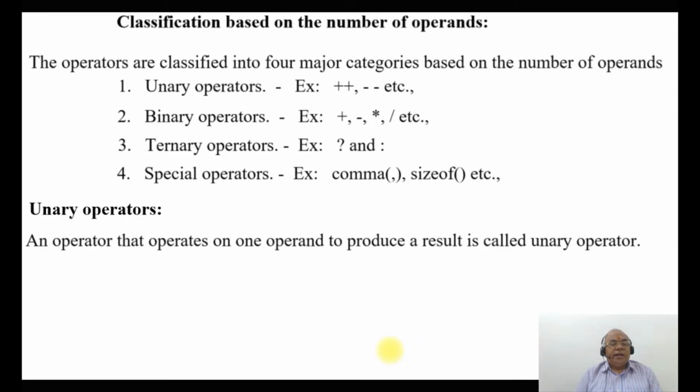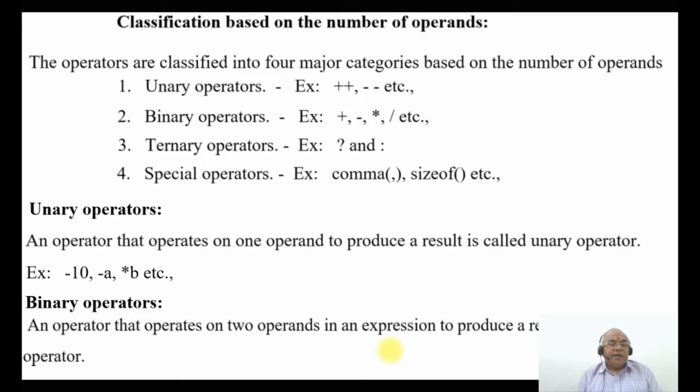What are unary operators? A unary operator is an operator that operates on one operand to produce a result. For example, minus 10, minus A, and star B are examples. A binary operator is an operator that operates on 2 operands in an expression to produce a result. For example, A and B are the operands and plus is the operator.